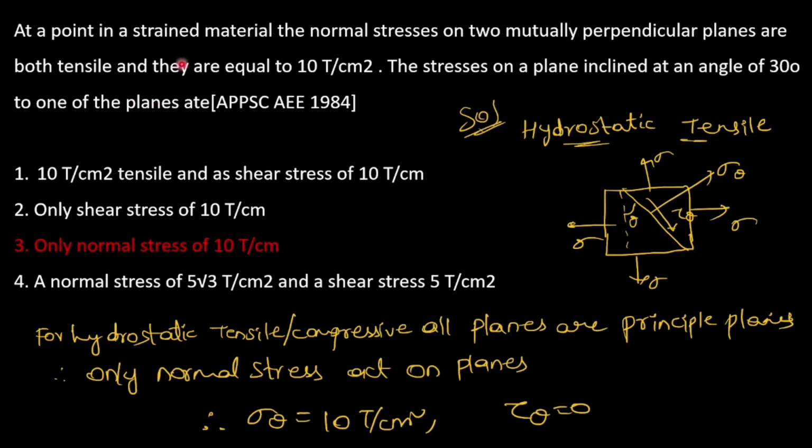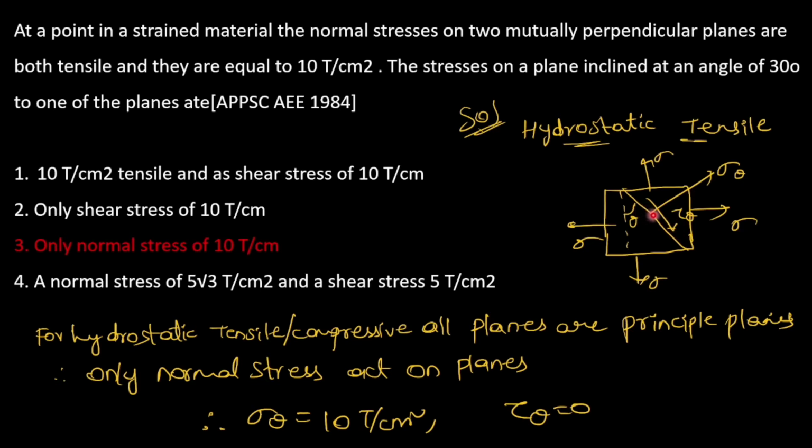We know that whenever on a body the magnitude of stresses on two sides is the same and the nature is also the same, whether tensile or compressive, that condition is known as hydrostatic condition. Under hydrostatic condition, all planes are principal planes. Therefore only normal stresses act on that plane. He is asking the stresses on the inclined plane.